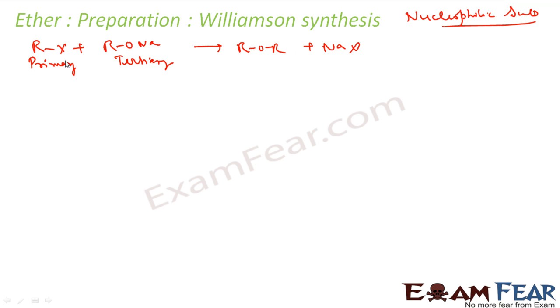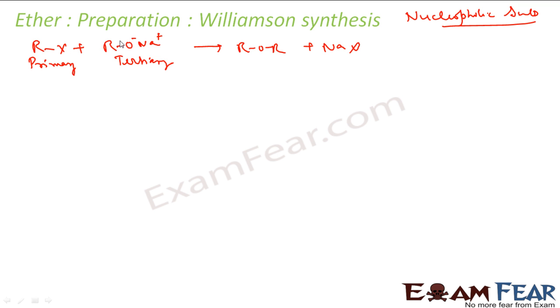Please note, this RX has to be primary. If it is secondary or tertiary, then in that case, elimination reaction competes over substitution. And it is good to have a tertiary alkoxide. So let's see this reaction here. So this is minus, this is plus.